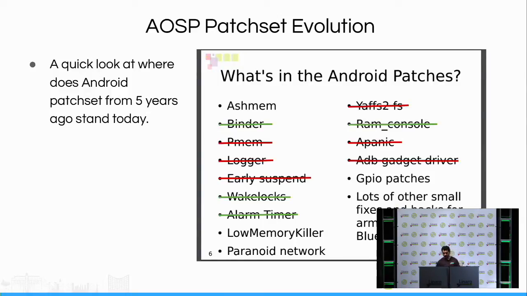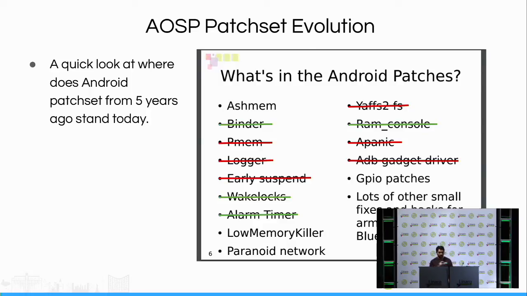So this is what I showed you earlier. Five years back we had this snapshot of AOSP patches sitting outside of the tree, and you can see that all the green strikeouts are either already in the staging tree or already merged in the main tree. Red ones are completely dropped.